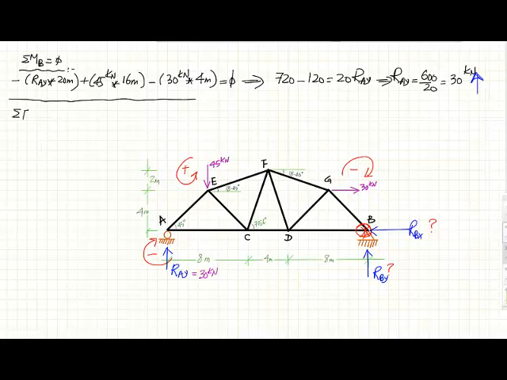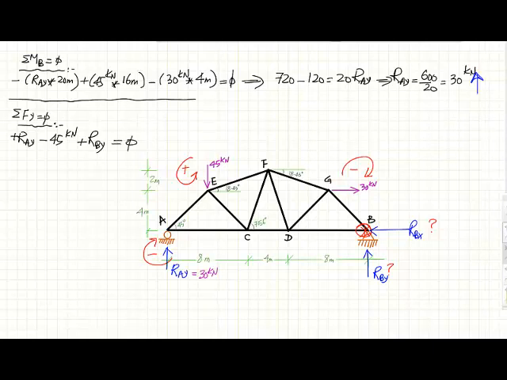So sum of all forces in the y direction equal to 0, and for this one we have this force upwards, so it is plus RAY, and this force is downwards, minus 45 kilonewton, and I have this force. I suggested this to be upwards, so record this as plus RBY, and there is no other vertical force in this truss, so it is equal to 0.